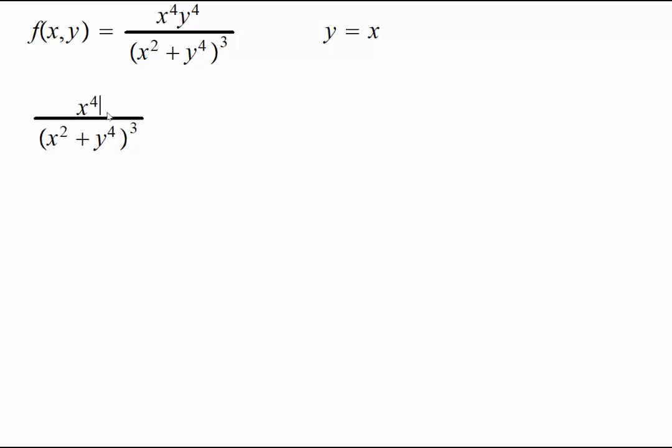I'm trying to do some calculations in my head, hope I don't make any mistakes. And so this will be x square divided by 1 plus x squared to the power 3. Well, this goes to 0, right?